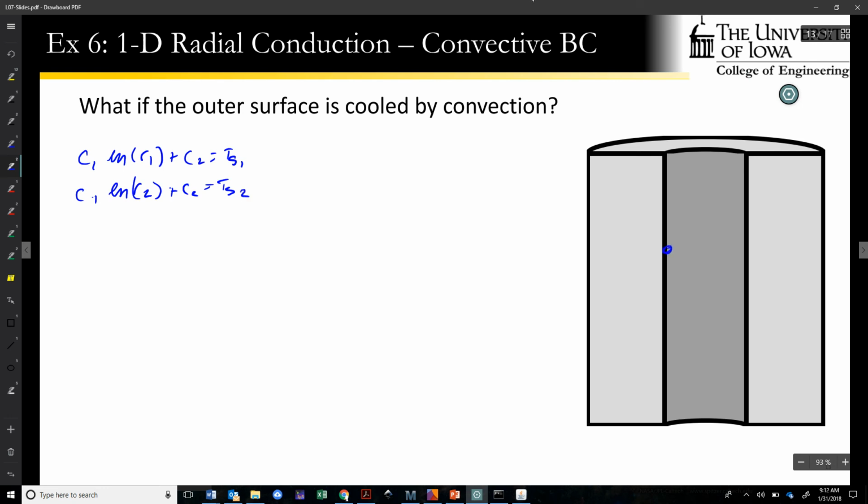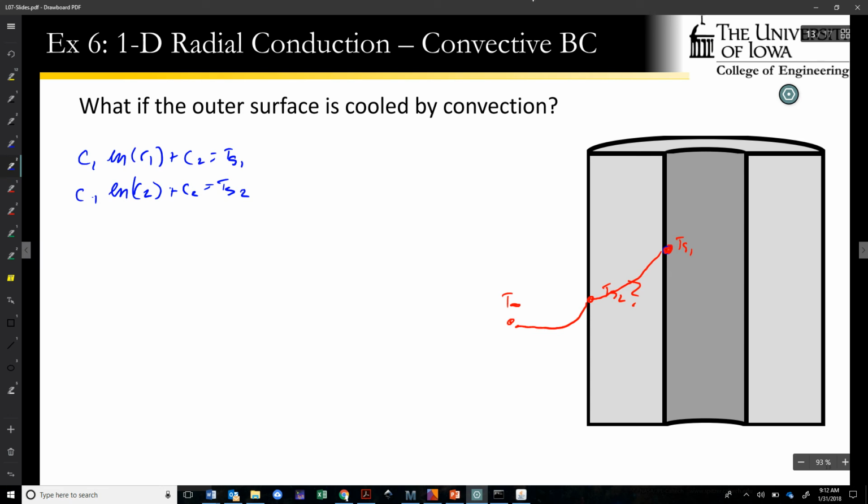So say we had TS1 known, we have TS2, which we don't know, and we have some information about T infinity. We can see what the temperature distribution is going to look like. You're going to have this convective cooling, but we need to use this convective heat flux as our third piece of information about the boundary.